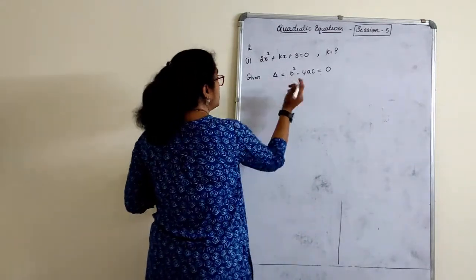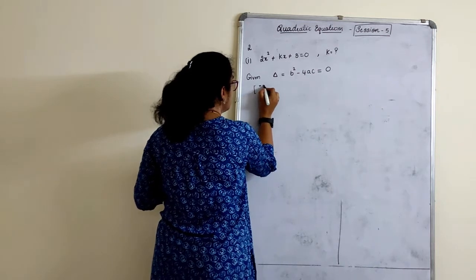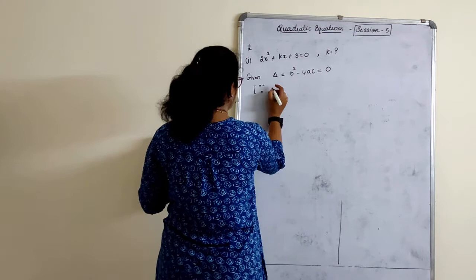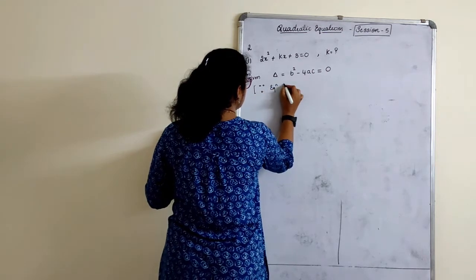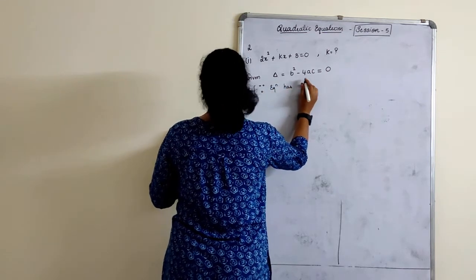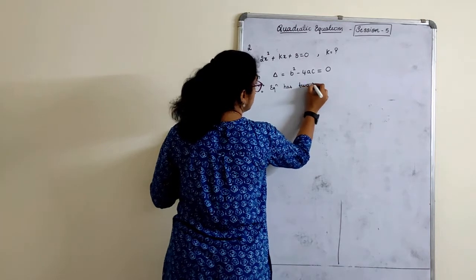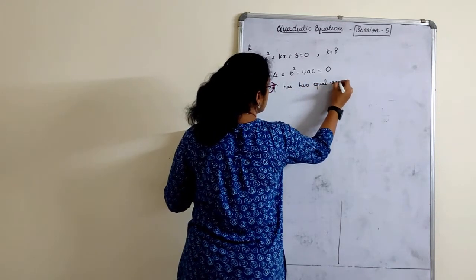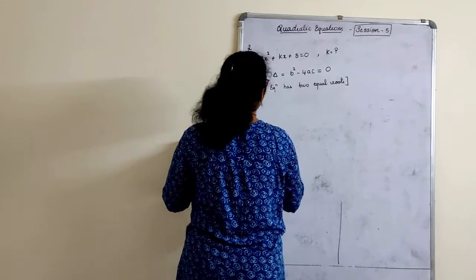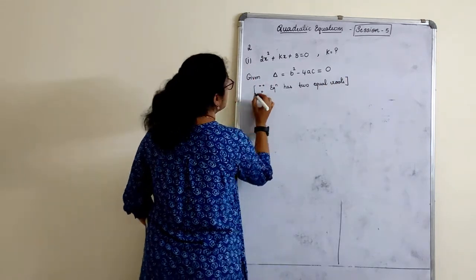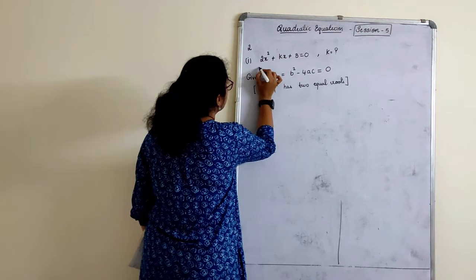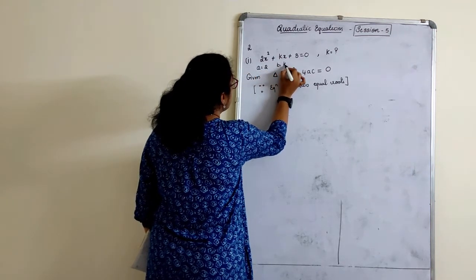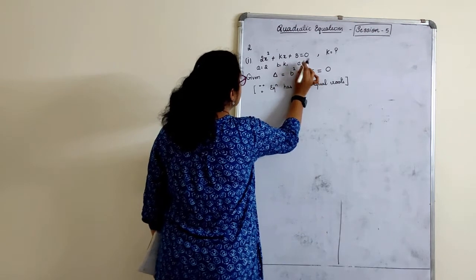I have written equal to 0 here. Write one reason: because the equation has equal roots. First we need to write our A, B, C, children, I forgot that. A is 2, B is k, C is 3.